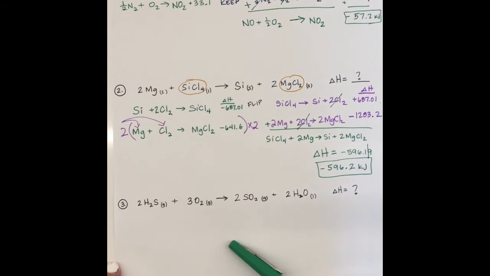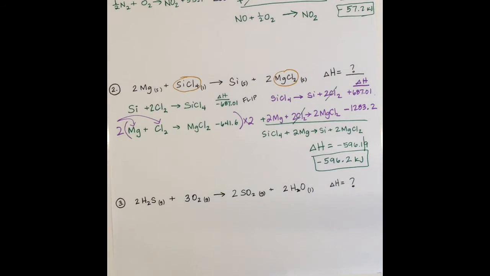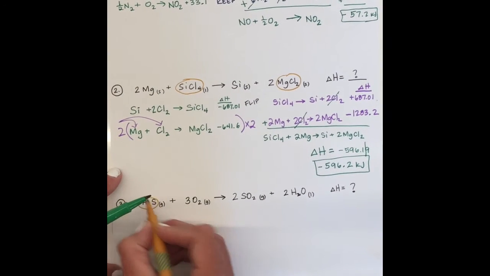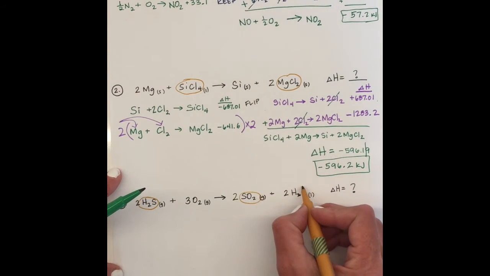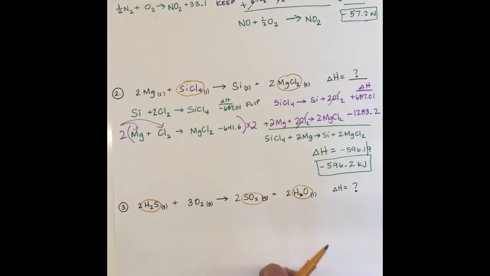If you look at this last example I gave you, the first step is to circle all of your compounds. That's a compound, that's a compound, that's a compound. I have to write 3 formation equations. So let me do that real quickly.